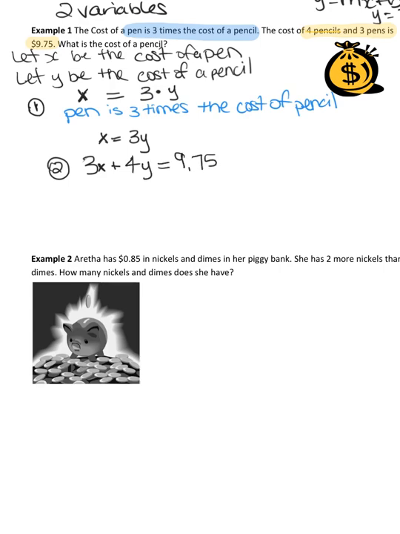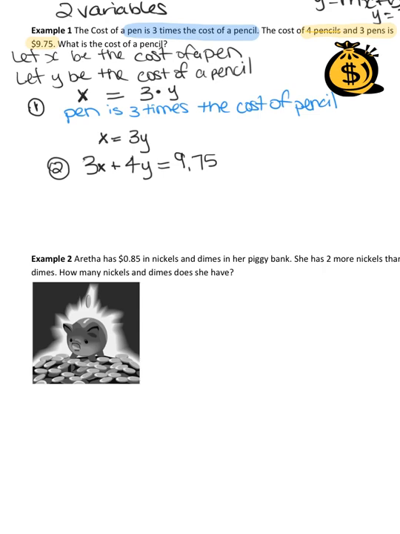Now, if I'm looking at this second equation, there's no way for me to solve it right now because I have 2 separate letters in here. I cannot get one of them by itself because there's always going to be 2 there.